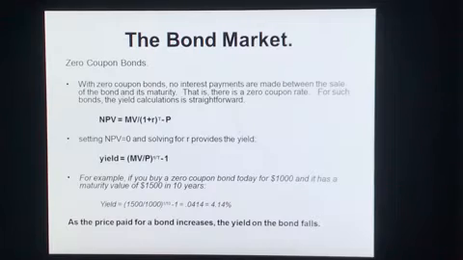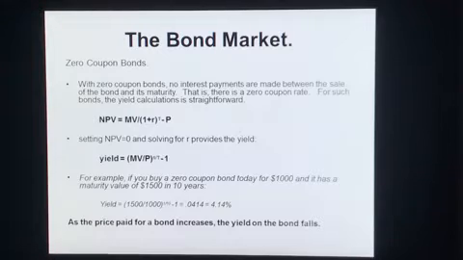That will be our net present value. And we can easily calculate the yield by rearranging the formula, and the yield will be equal to the maturity value divided by price, raised to the power 1 divided by T, minus 1.